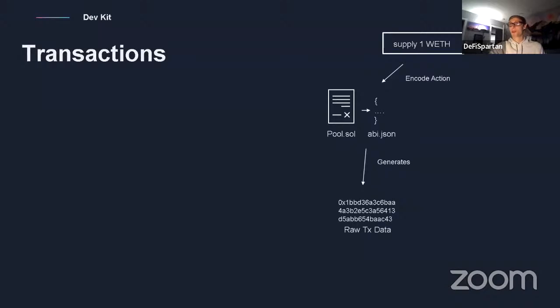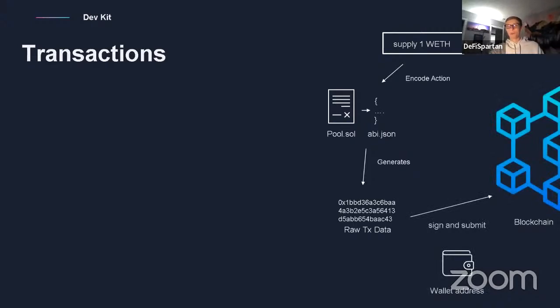So really the way that it works is you have these actions that a user wants to perform. And then they turn this into this transaction data based off of this ABI, which is essentially like the recipe of the contract, specifying the inputs and outputs expected from the functions. And then once you have this raw transaction data, the user signs this with their wallet address and then submits it to the blockchain.